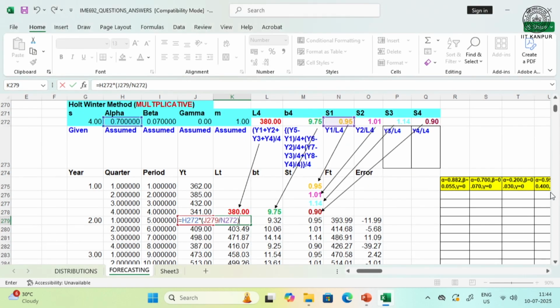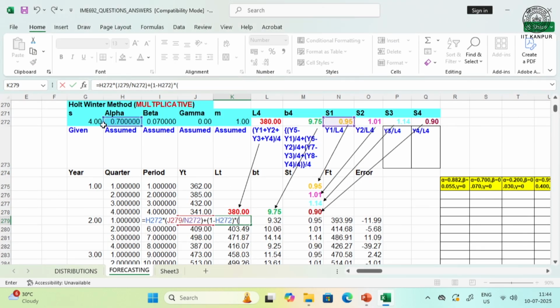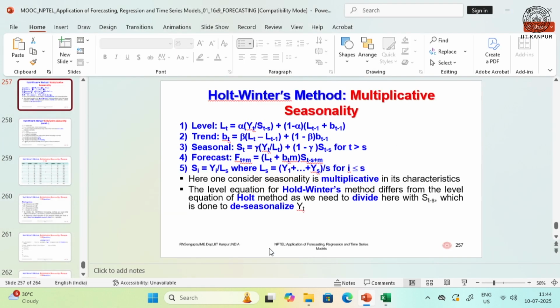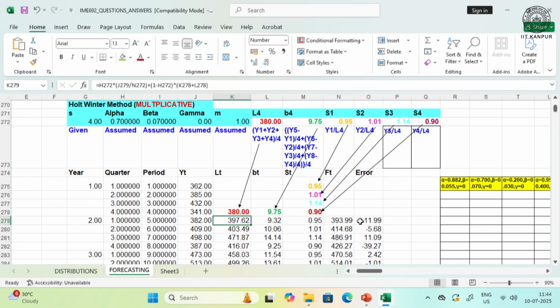So, this is done, plus 1 minus alpha multiplied by LT minus 1, which is one time period back, K278 plus BT minus 1. BT minus 1 is 9.75. The value comes out to be 397.62.